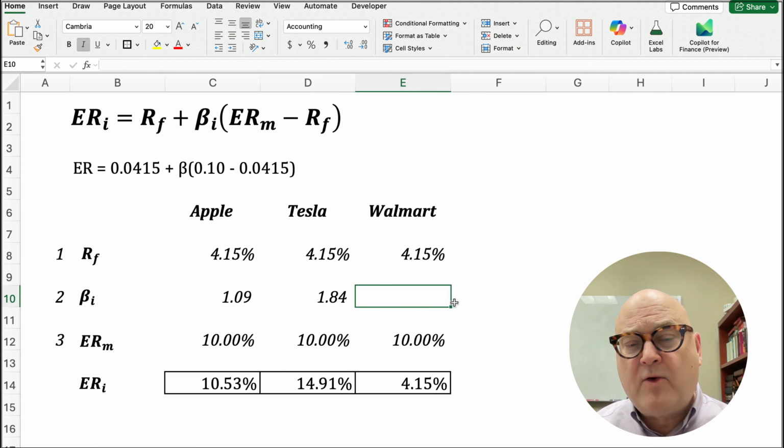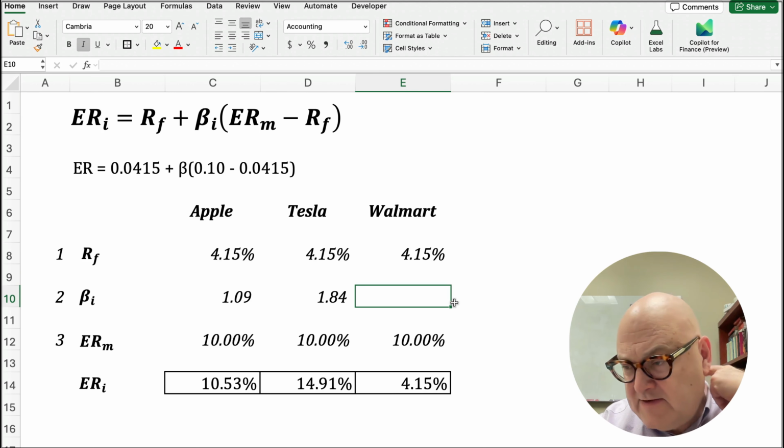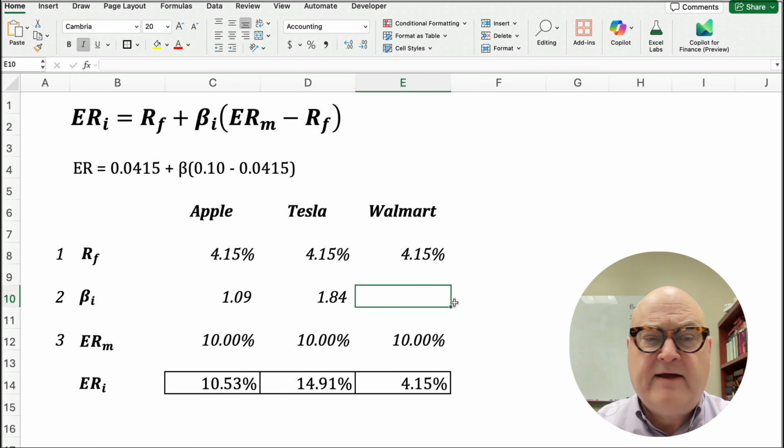Now what about Walmart? What's their beta going to be on its stock? Well, if it's just like the stock market, it'll be a 1. If it's less risky, it'll be less than 1. If it's more risky, it'll be more than 1. Well, Walmart is not as risky because everybody buys Walmart in good times and bad times.